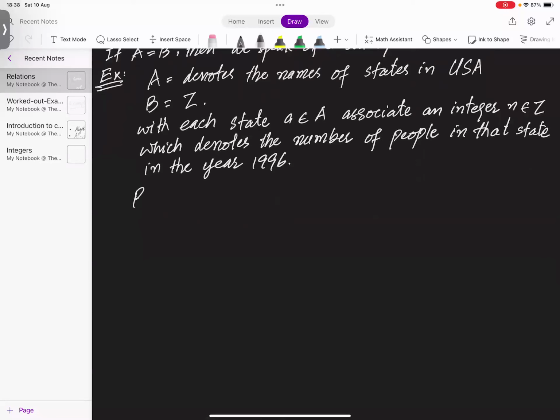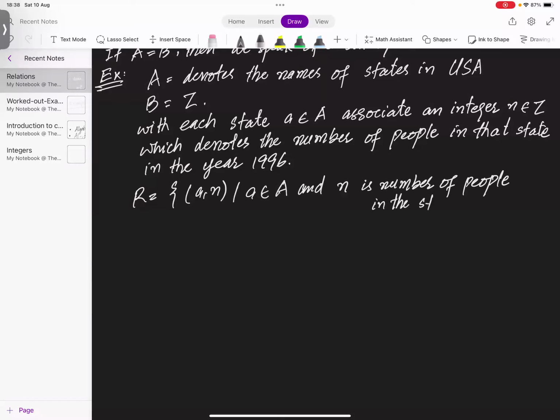Then we can say that R is the set which contains (a, n), given that a is in A and n is the number of people in the state and year 1996.